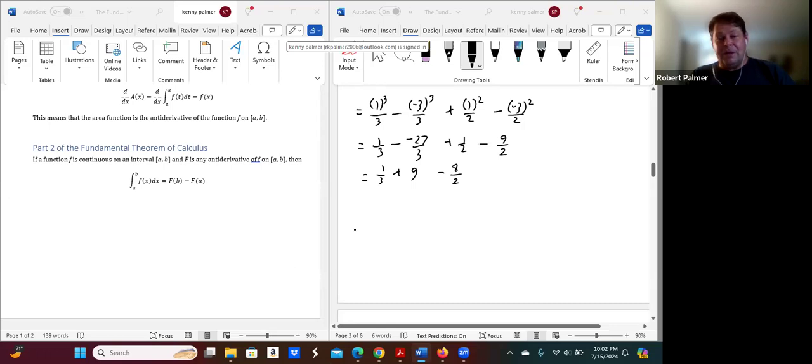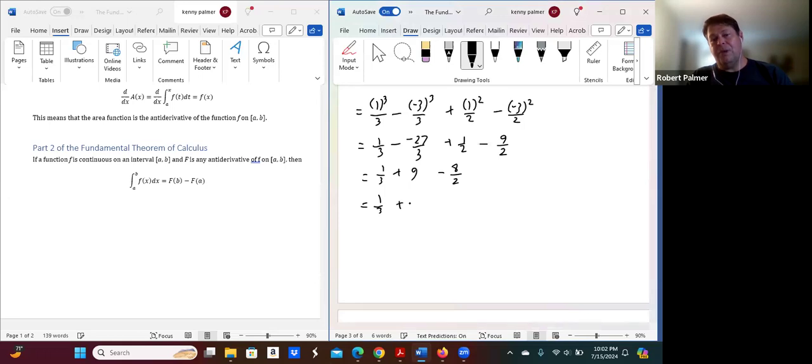Okay. And so that, of course, is going to be 1/3 plus 9 minus 4. So that's going to be 1/3 plus 5. Then, of course, write 5 with the denominator of 3. So multiply the top and bottom by 3. And so we have 1/3 plus 15 thirds.